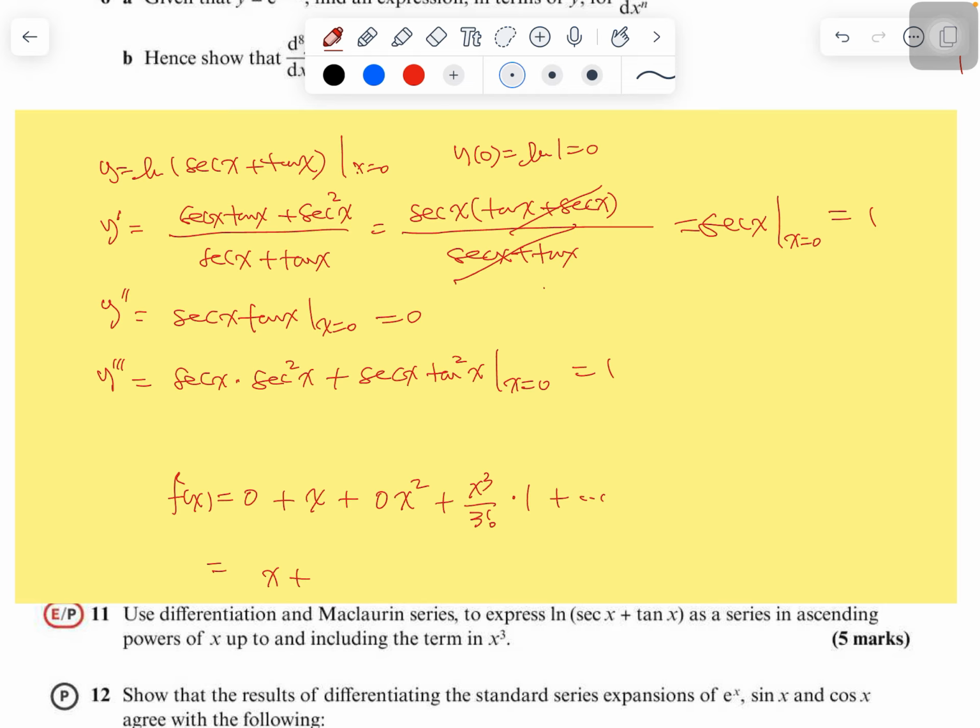So x plus x cubed over 6 plus blah blah blah. So this could be the answer. And let's go further.